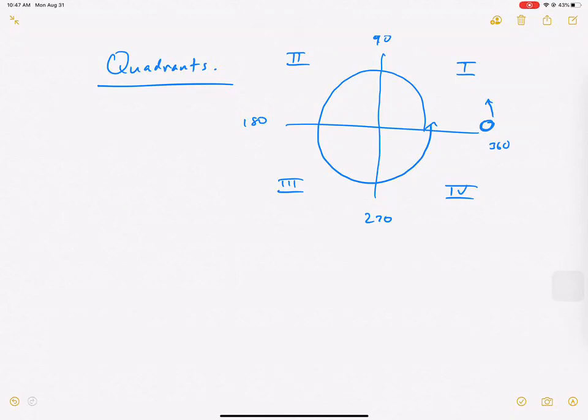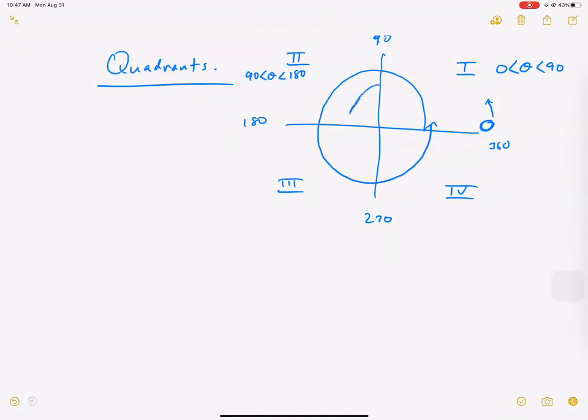Now we have characteristics in each of these quadrants. Any angle between 0 and 90 degrees, that's in quadrant 1. So we're stuck in this corner here. That is quadrant 1. In quadrant 2, it's any angle between 90 and 180.